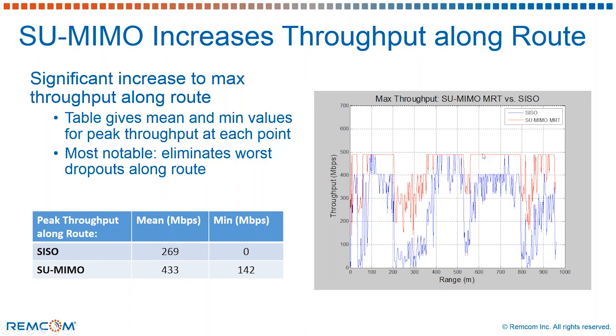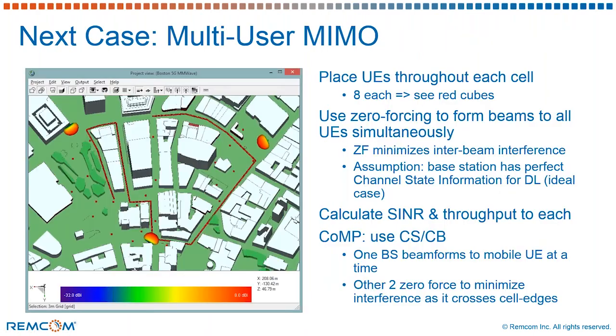This time we used a beamforming technique called zero forcing to form beams to each of these users simultaneously while trying, with each of those beams, to form nulls to the other users. So in these cases, each of these base stations was forming 8 to 9 beams simultaneously and trying to form those beams such that they would form nulls simultaneously to the other 7 or 8 users within each cell.